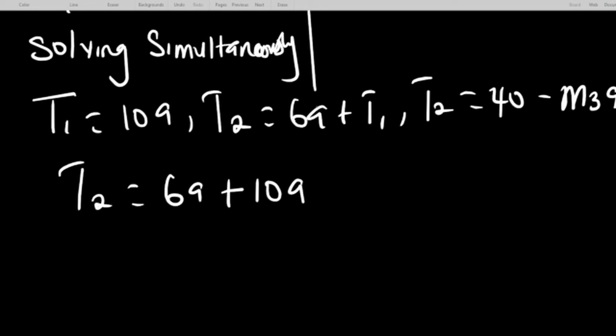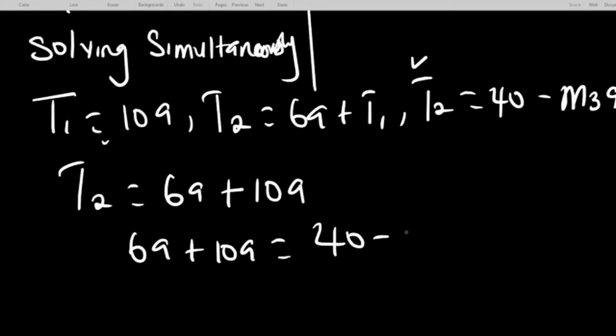Then T2 again is also equal to 40 minus M3A. So we can just equate them since they are the same. You can see T2 and T2, so we equate them. Here we now have 6A plus 10A is equal to 40 minus M3A.